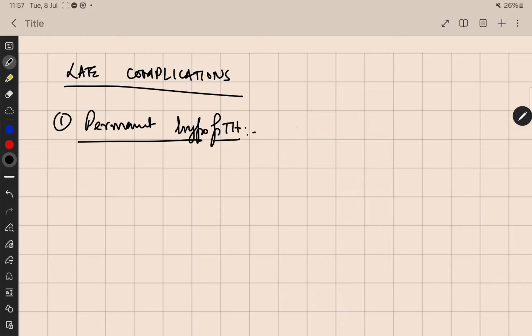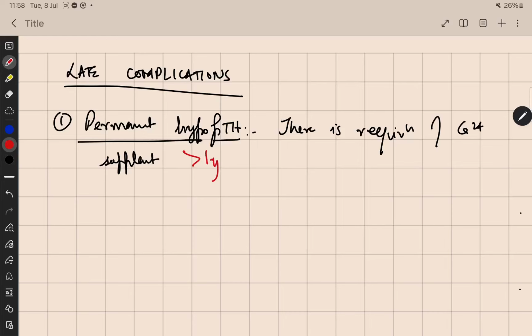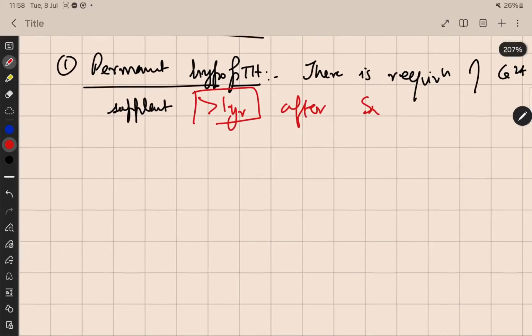That means if there is a requirement of calcium supplements for more than 1 year after surgery, that is a permanent hypoparathyroidism.